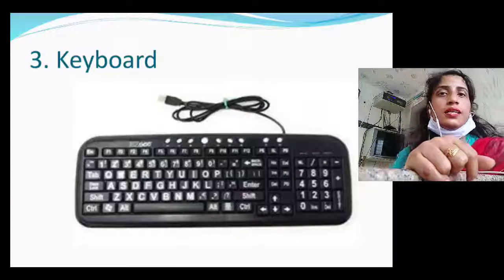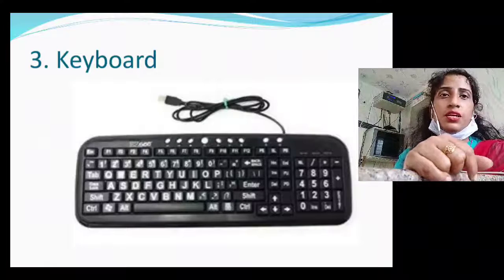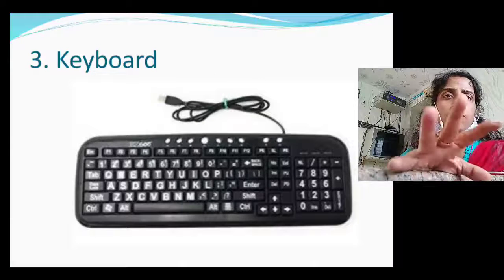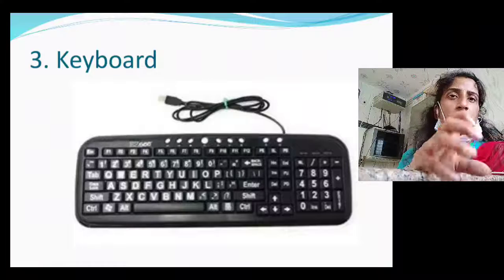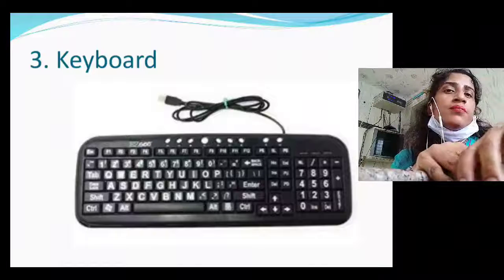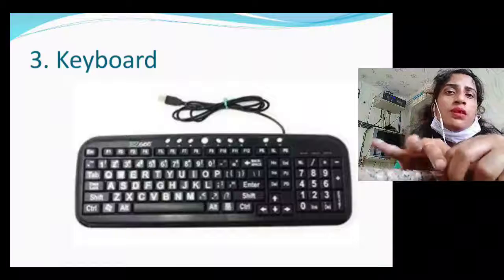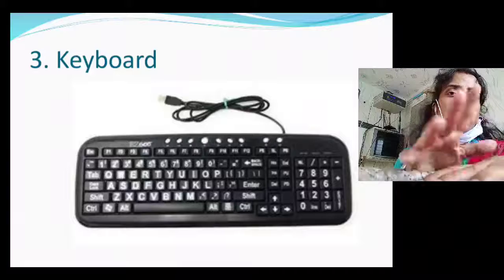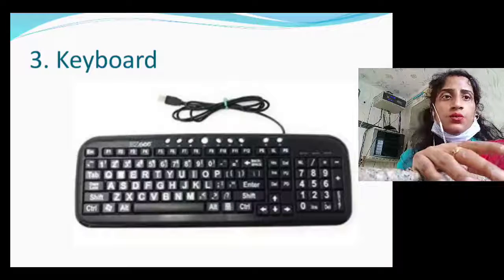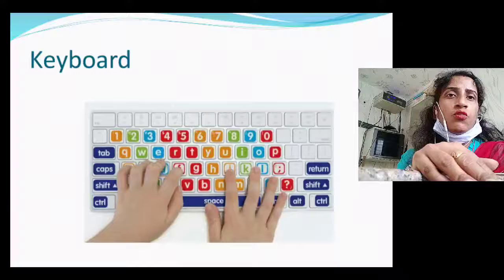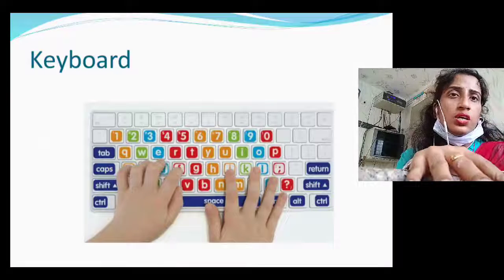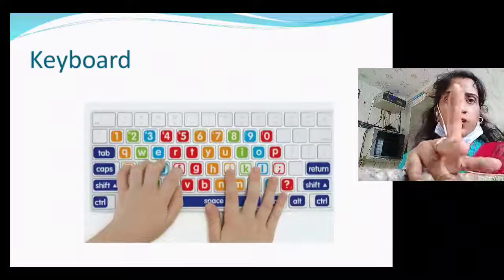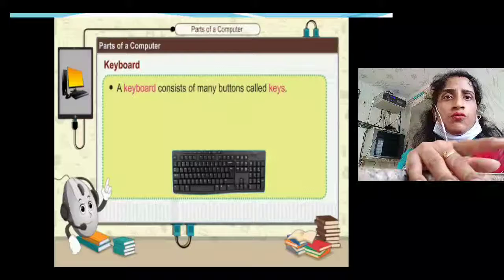The third part is the keyboard. Have you seen these pictures? Students, in this keyboard some buttons are there. On the buttons some letters are written, like Q, E, some alphabets, some numbers. These are keys. Here are more pictures of keyboards. This one is also a keyboard, in which some numbers and alphabets are there. So what is a keyboard?